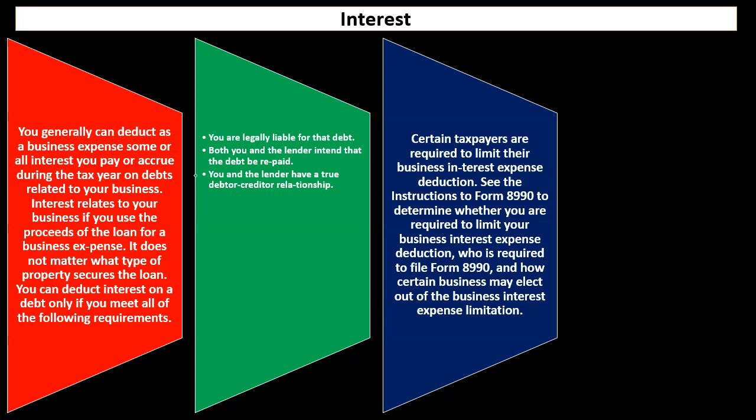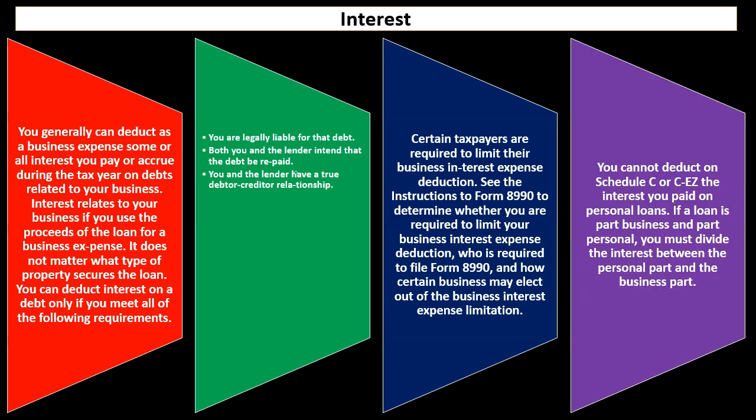So certain taxpayers are required to limit their business interest expense deduction. See the instructions on Form 8990 to determine whether you are required to limit your business interest expense deduction, who is required to file Form 8990, and how certain businesses may elect out of the business interest expense limitation.